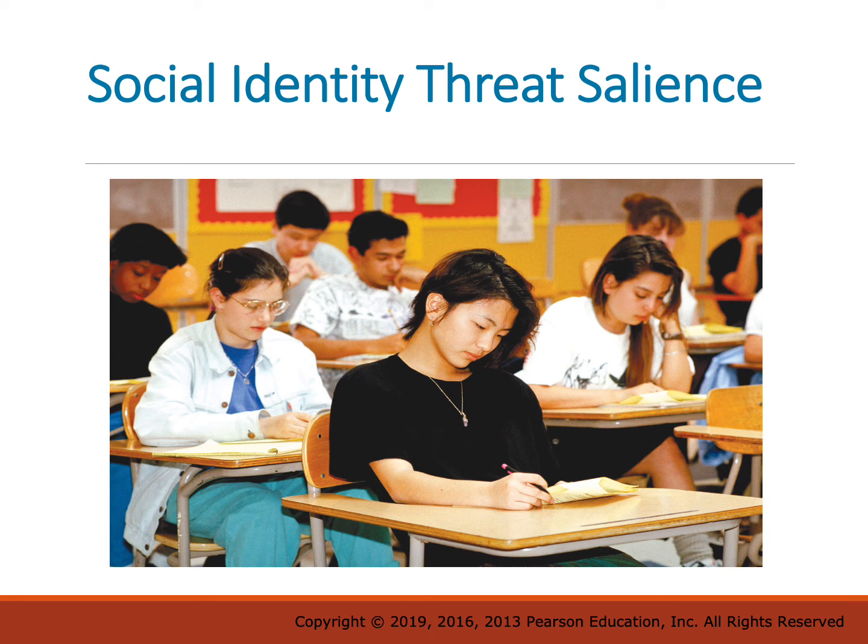If instead her social identity as Asian is salient, because the stereotype is that Asians do well at math, then she might do better on the test. So the social identity that's salient in the particular situation will affect the performance.